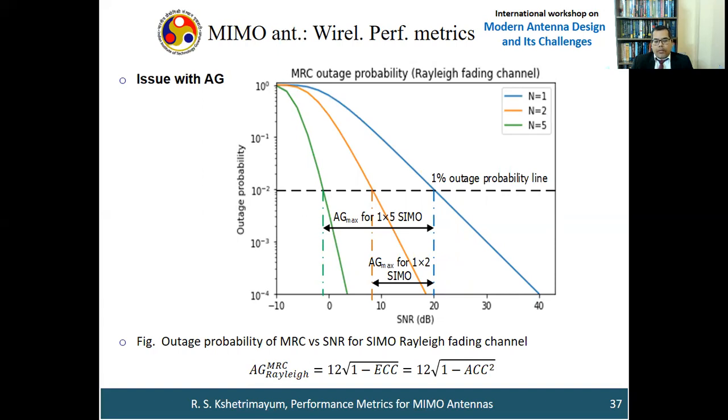Even the array gain maximum for a 1x5 MIMO system for MRC increases, to around 32 dB. It is different from the previous case. So you cannot say that the maximum diversity gain for MIMO antenna is always 10. This maximum for the array gain keeps on changing for different environments, different fading channels, or different MIMO systems.